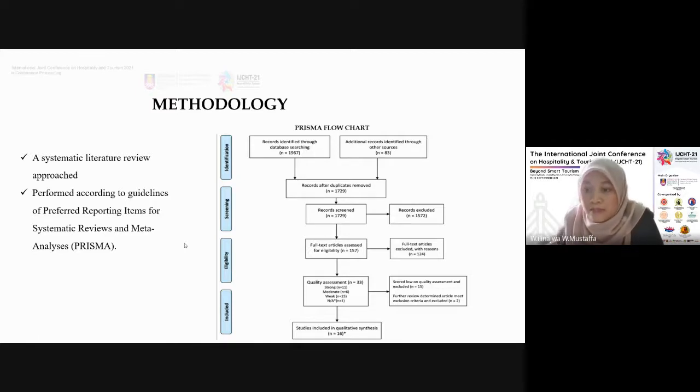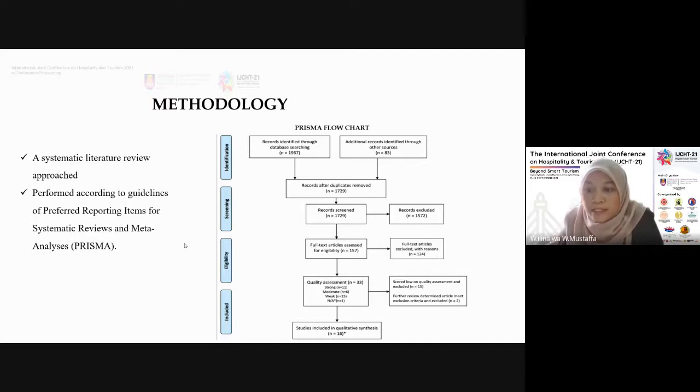So this method is useful for publication standards that are required to assist the authors with the related and necessary information that will enable the researcher to evaluate and examine the quality and precision of a review.